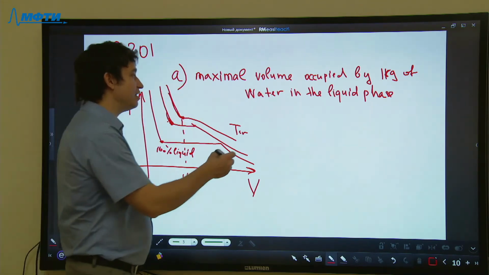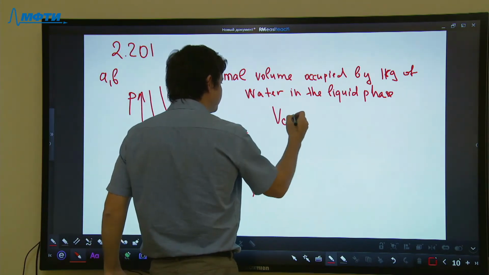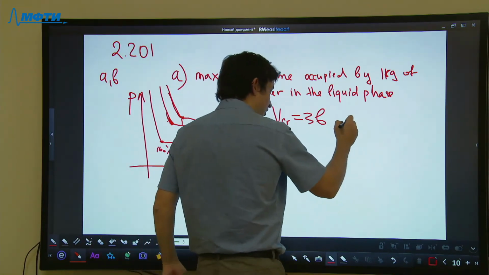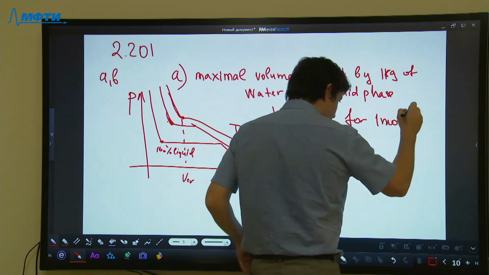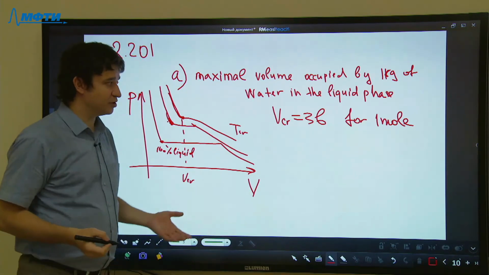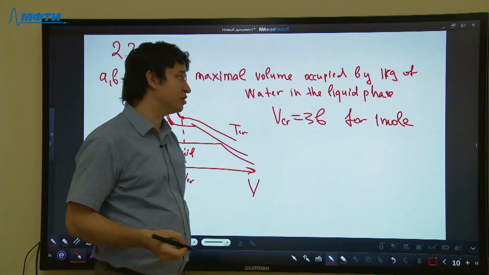So in the case of Van der Waals A and B parameters, we get a critical volume of 3B, and this is for 1 mole of water. But for 1 kilogram, we need to calculate the number of moles in 1 kilogram.